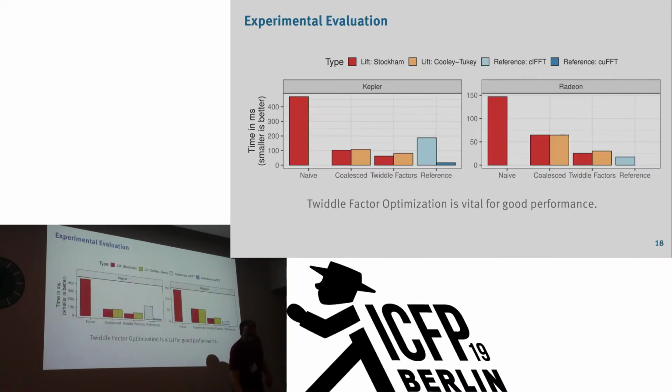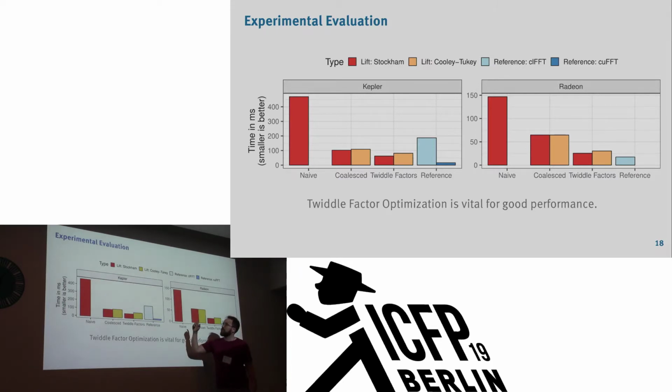We did that for the Stockham FFT and the clFFT that I showed briefly, and for some different versions of them, and we compared with clFFT, that's an OpenCL library implementation for FFTs, and with cuFFT, which is the CUDA implementation by Nvidia for FFTs.